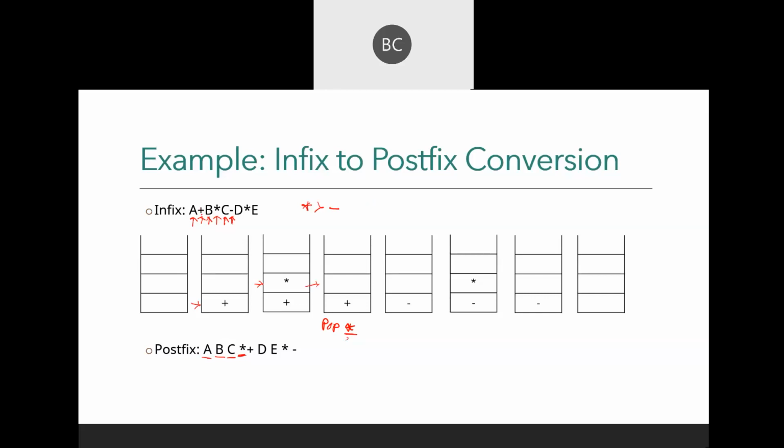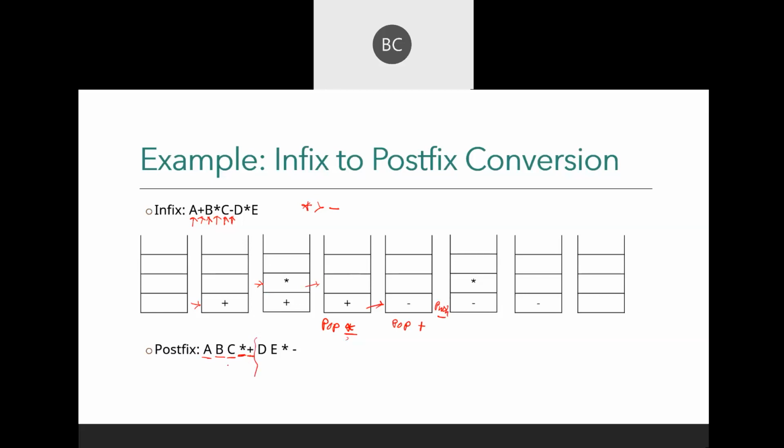That means we found plus before minus, or in the BODMAS rule, plus comes before minus. So we also pop out the plus sign and print it in the result part. Only after that will we push this minus sign onto the stack.